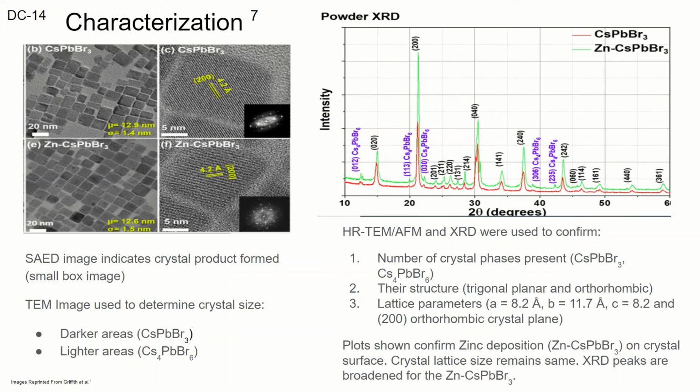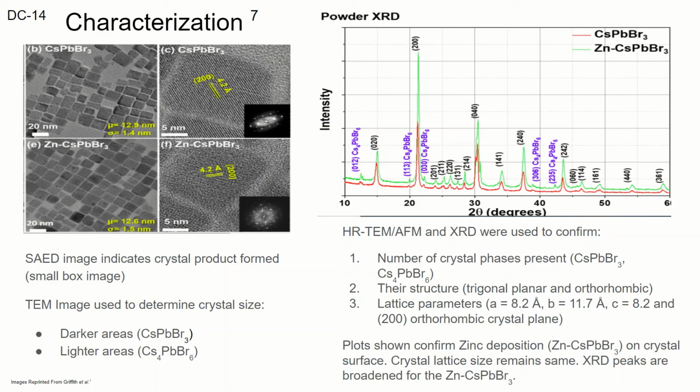For example, in CsPbBr3, the relative weight percent of Pb, which is the heaviest out of the three atoms, is greater than in Cs4PbBr6, so they will appear as darker images in the TEM image.